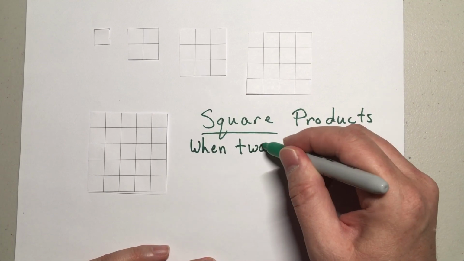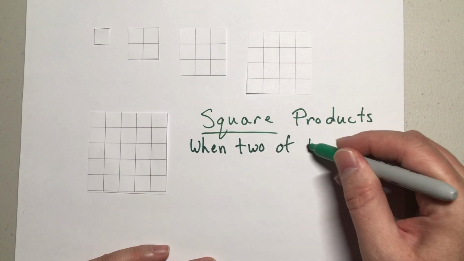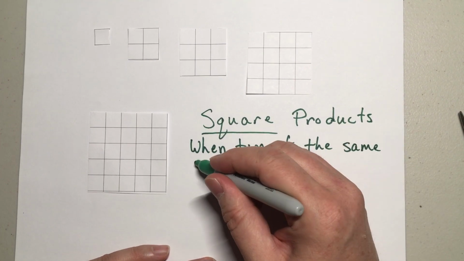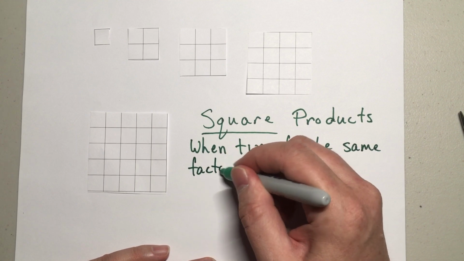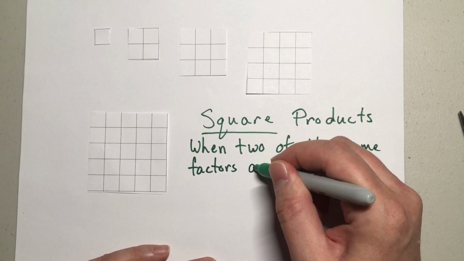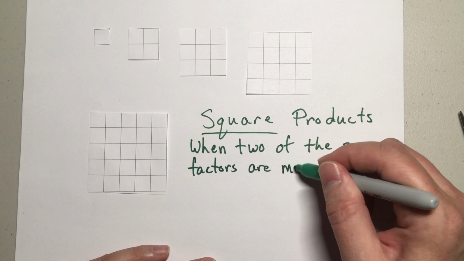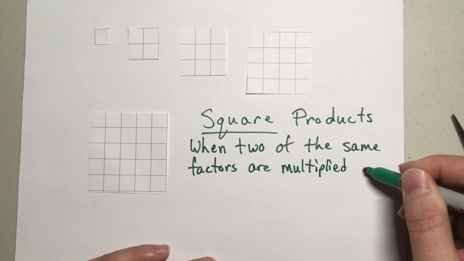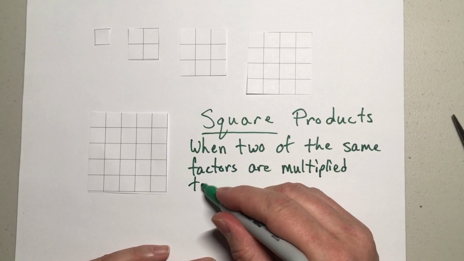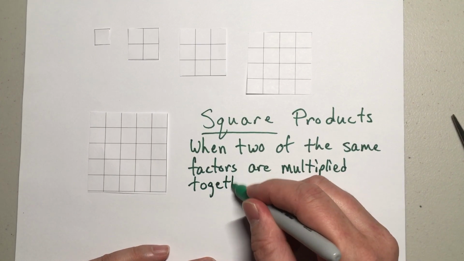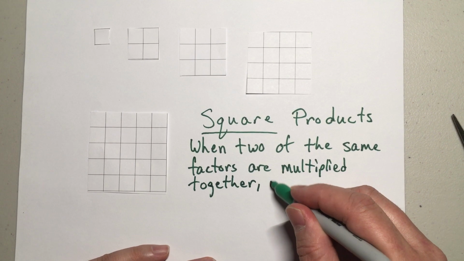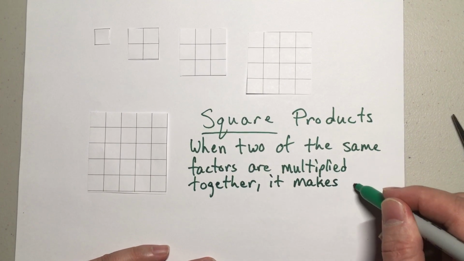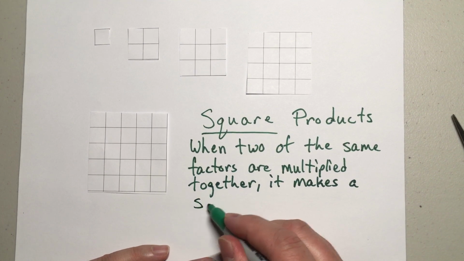When two of the same factors are multiplied together, it makes a square shape.